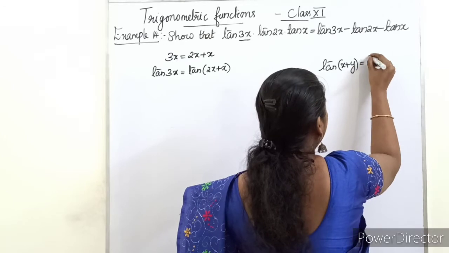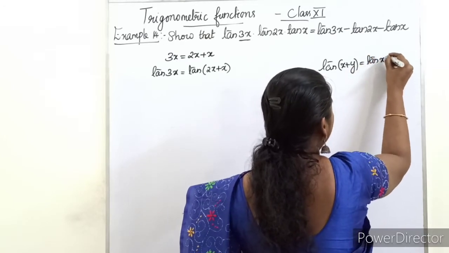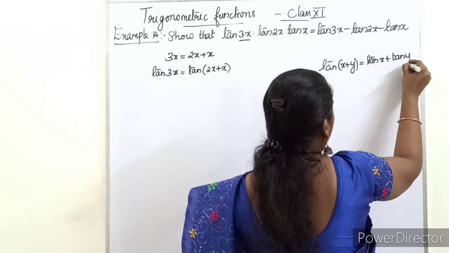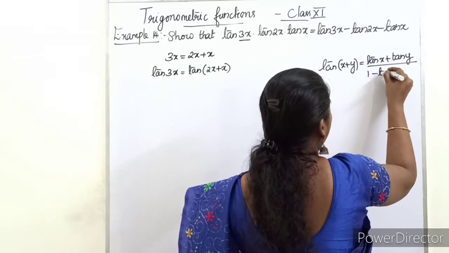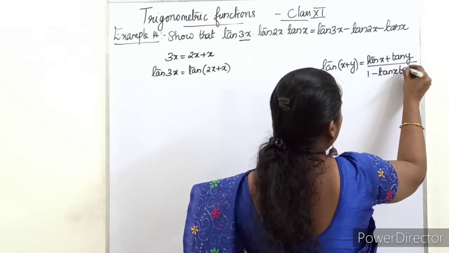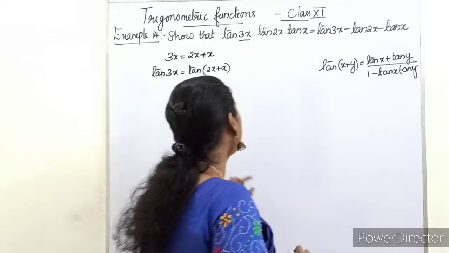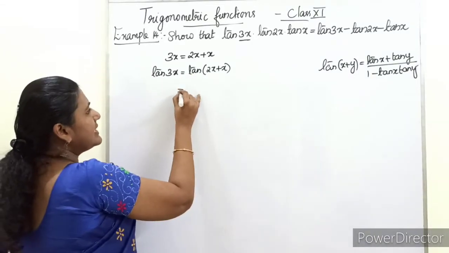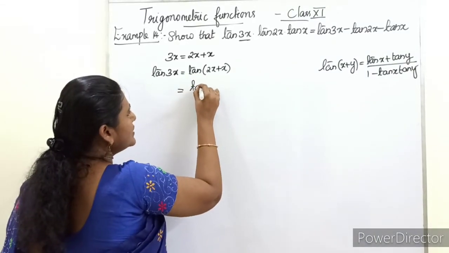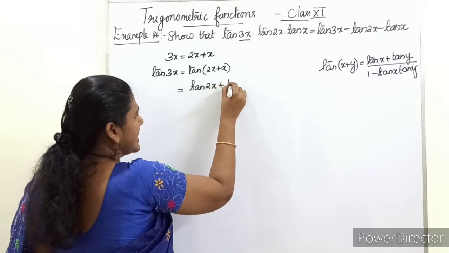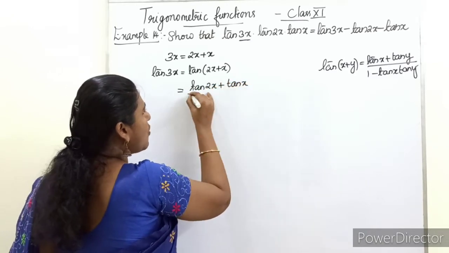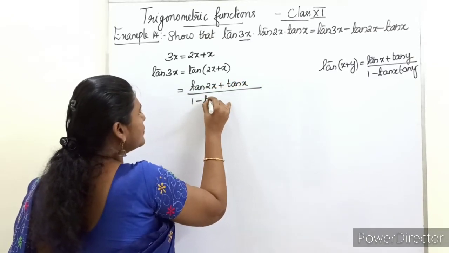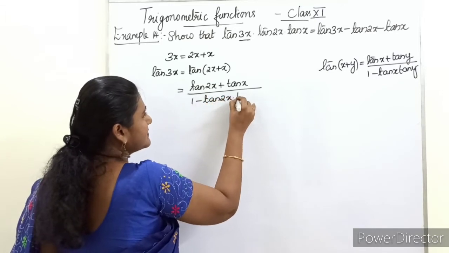So what is tan (x plus y)? Tan x plus tan y divided by 1 minus tan x tan y. Using this identity we are going to expand this, that is we can write tan 2x plus tan x divided by 1 minus tan 2x into tan x.